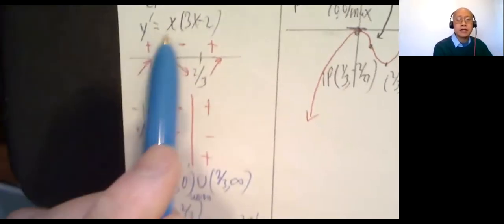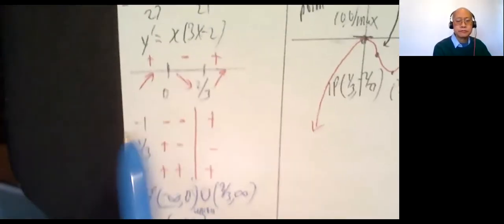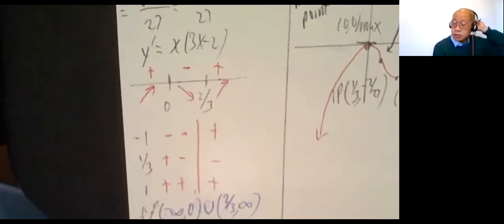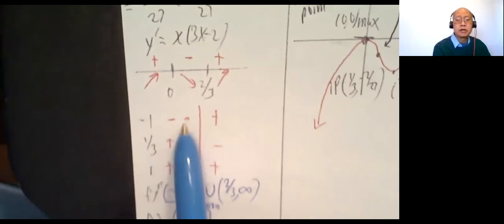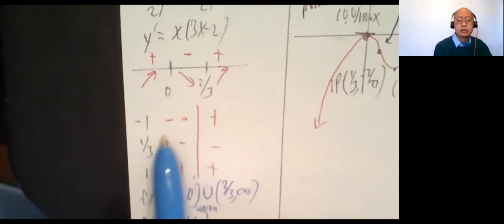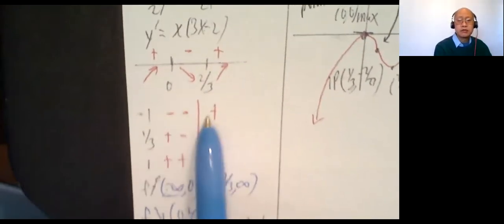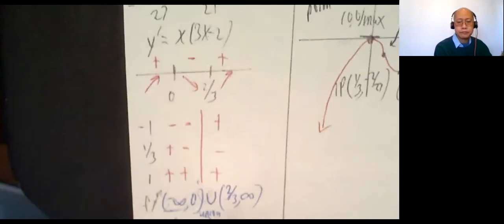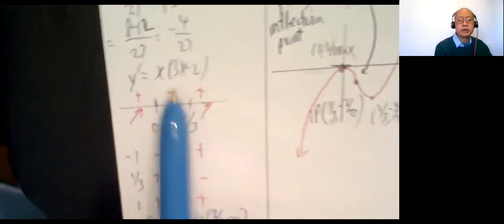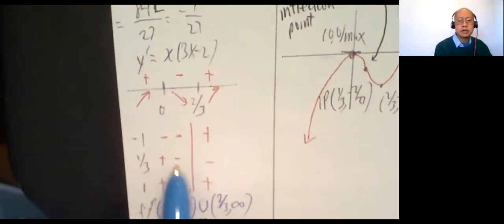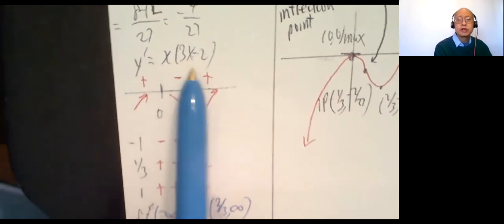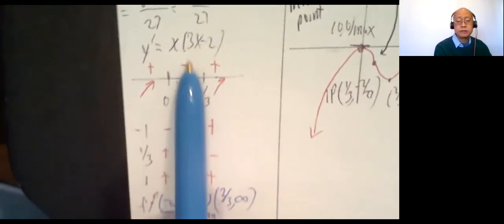So negative 1 is negative. Plug in negative 1. 3 times negative 1, negative 3, minus 2 is also negative. So I'm going to have a negative times a negative, which is positive. Plug in 1/3. 1/3 is positive. 3 times 1/3 is 1.